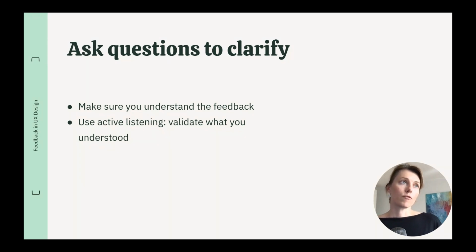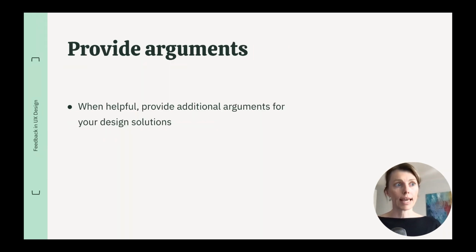Another aspect: you don't have to respond to any feedback, but you can. You should not be defensive, but you can provide arguments when helpful. So if you receive feedback around an interaction or a design element where you get a sense that maybe I was just not clear about how this actually works, and people have a certain interpretation, but it was a different interpretation than what my intention was, this is when you can provide clarifying input.